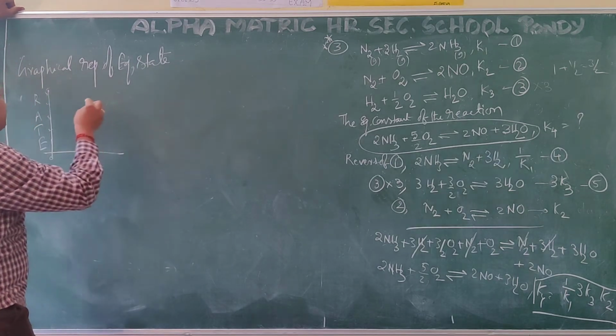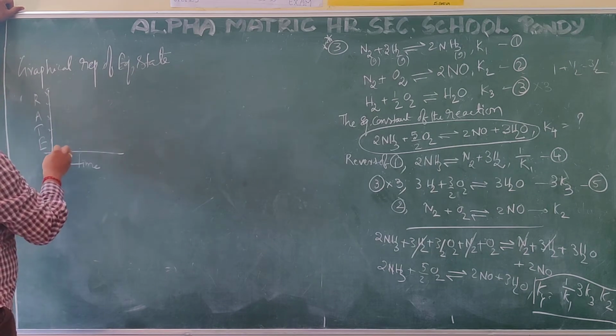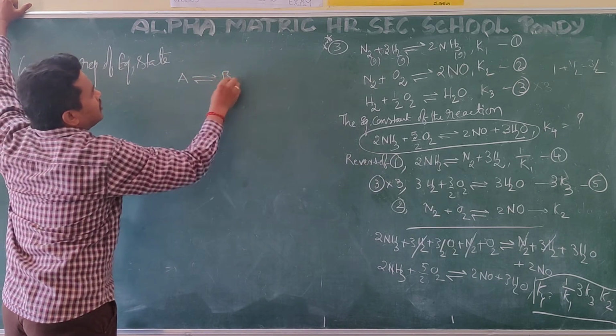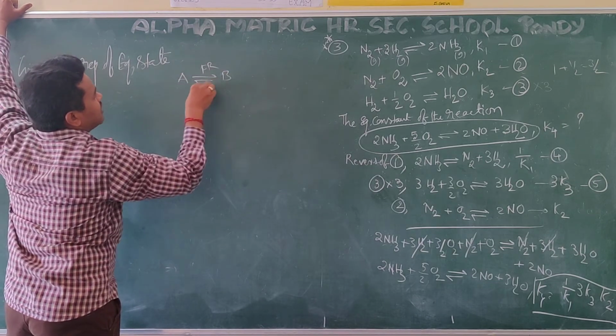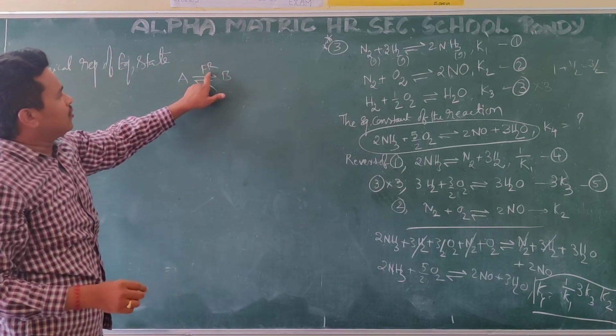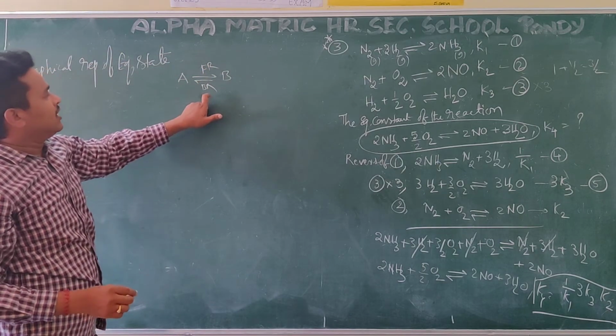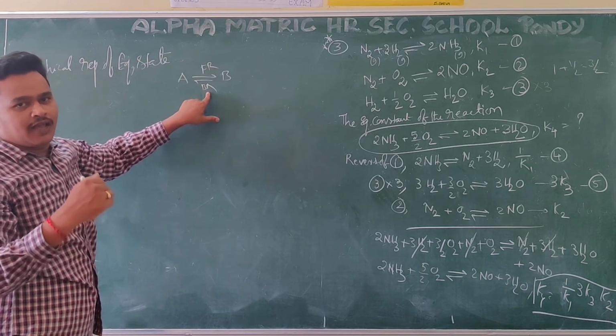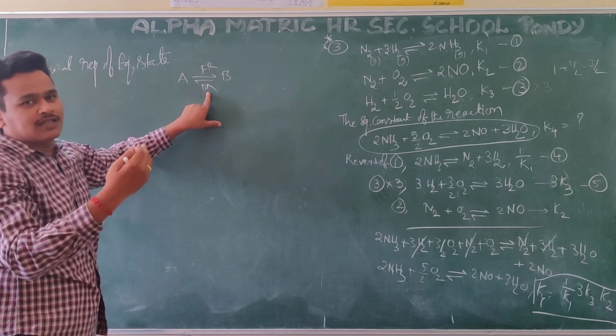So at that time, initially which reaction? A to B. It is a forward reaction, this is a backward reaction. Initially the rate of forward reaction is more, slowly decreasing. Initially the rate of backward reaction is less, slowly increasing.